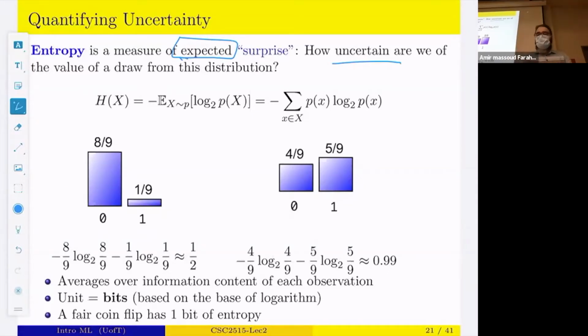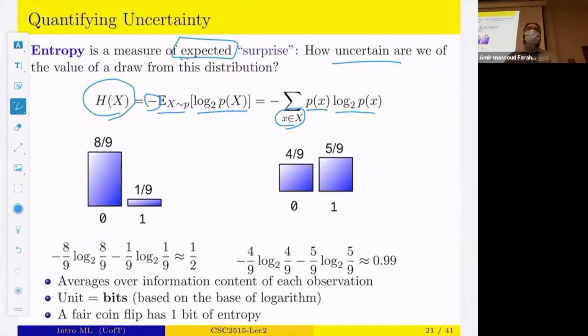The entropy of a random variable x, H of x, is defined as minus the expectation of log of p of x. Or we can expand it as minus the sum of p of x times log of p of x. So this is the definition of entropy.